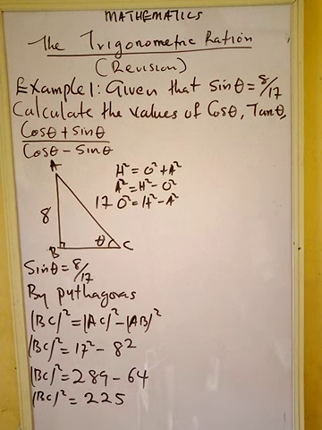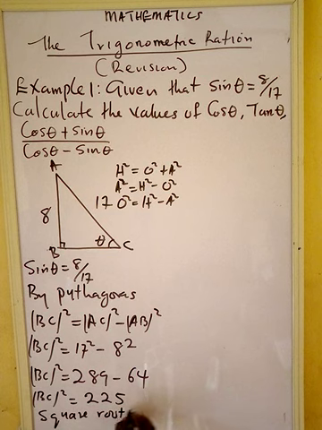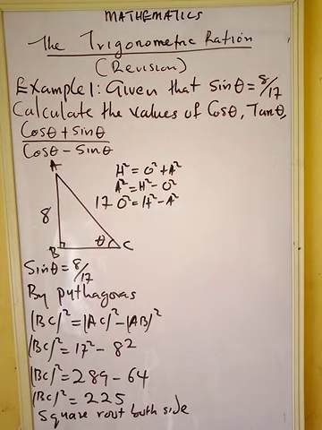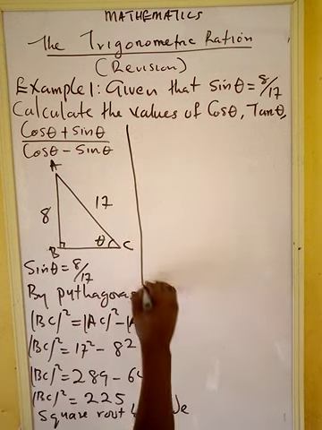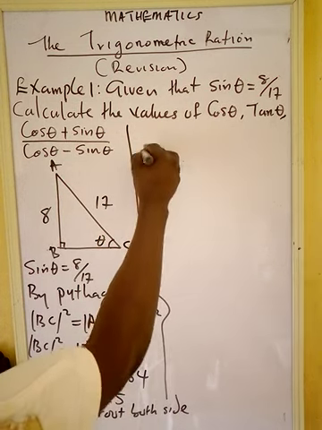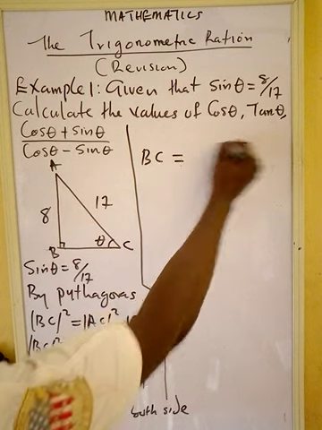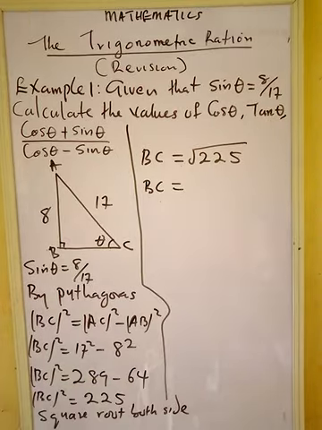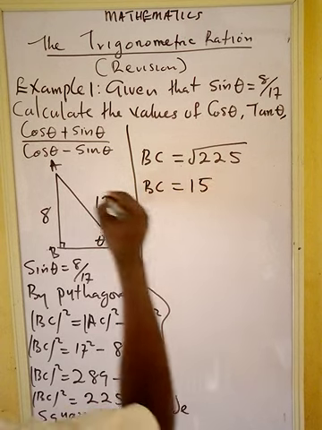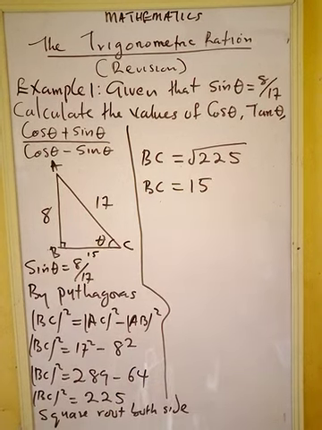Then take the square root of both sides, and we have BC equals root 225. The square root of 225 is 15. So BC is 15.